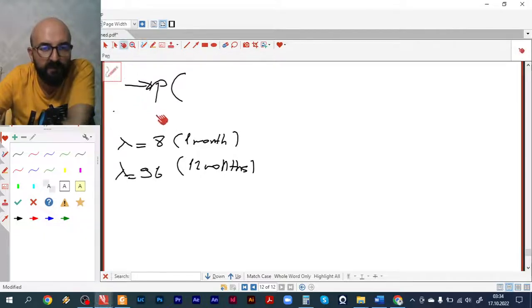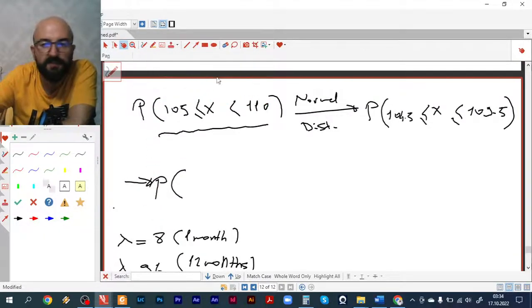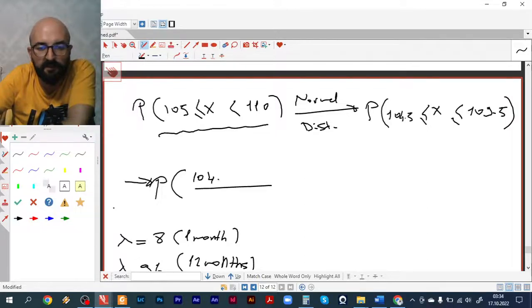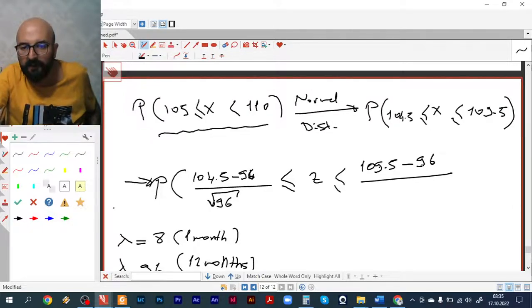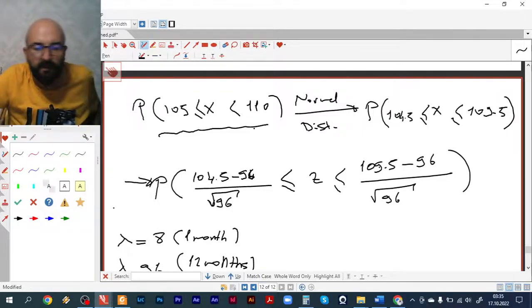And we will convert the x values to z values. So the probability of 104.5 minus lambda over the square root of 96, up to 109.5 minus lambda over the square root of 96.